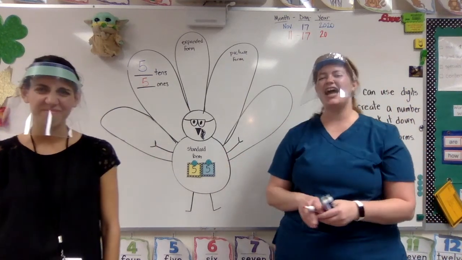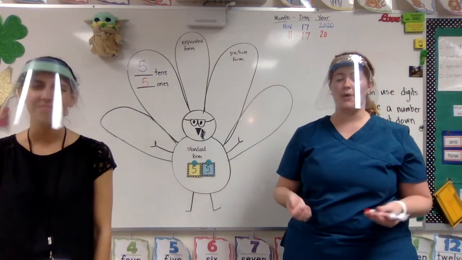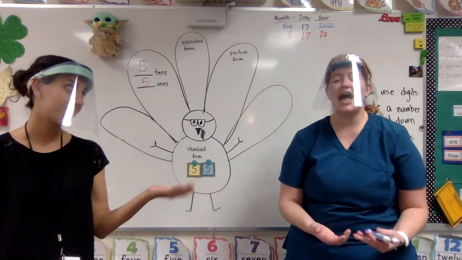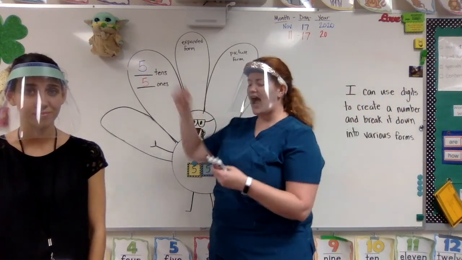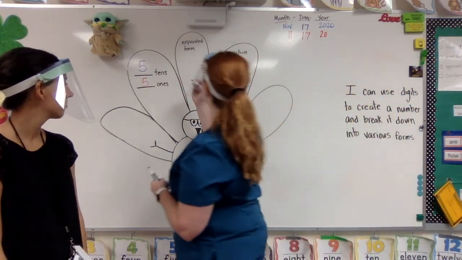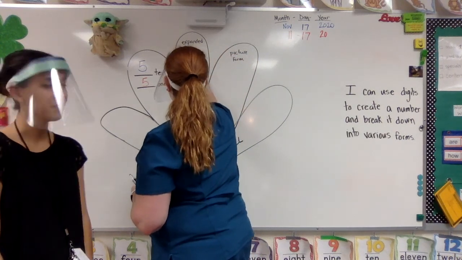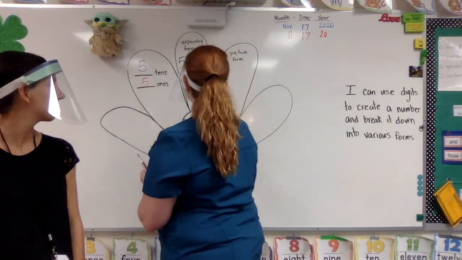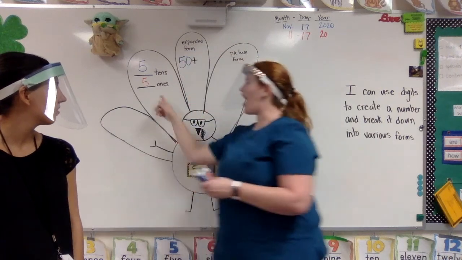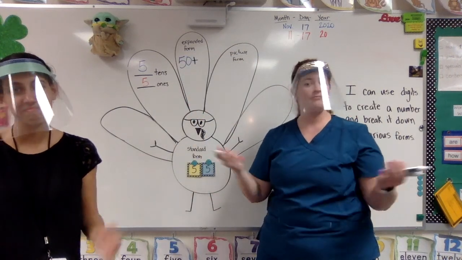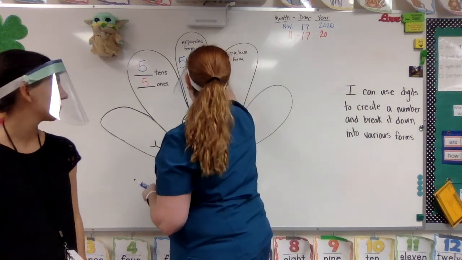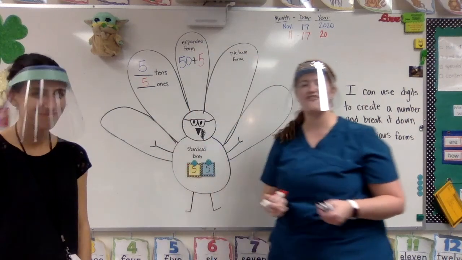I know it needs to be the value of my tens plus the value of my ones. 5 tens is worth 50 plus 5 ones is worth 5. So I have 50 plus 5.